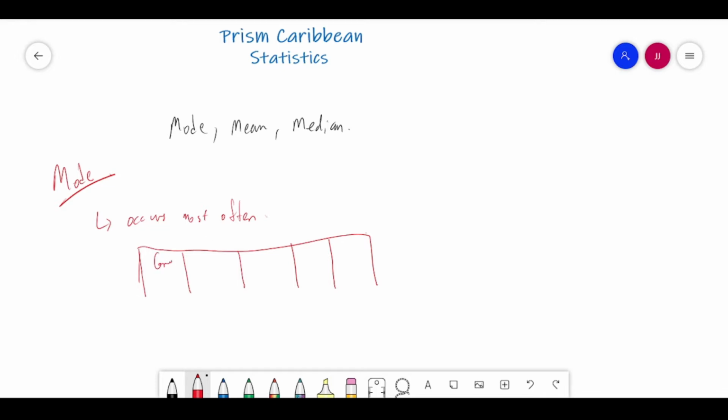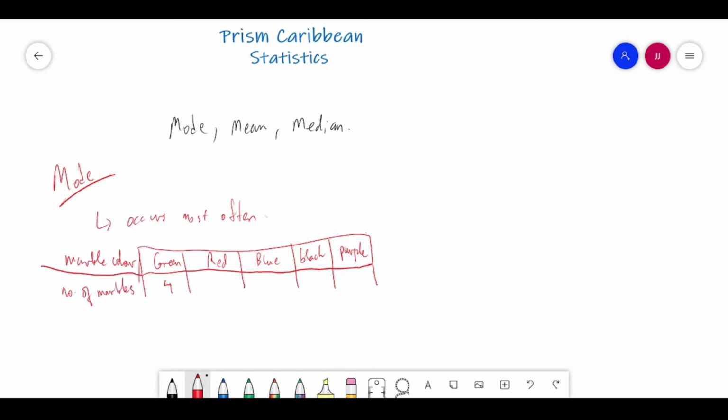Let's say this is green, red, blue, black, and purple. Right? Now let's say each one has a respective color by its name, as in maybe marble color and number of marbles.